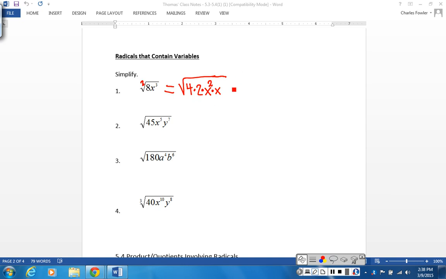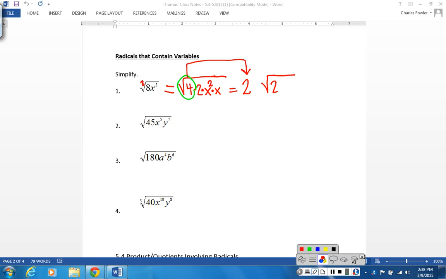So what I want you to do next is put some space in front of your radical, because some things will be taken out. For example, the square root of 4 is 2, so a 2 will come out for that. This 2, however, will stay in because you can't find the square root of 2.